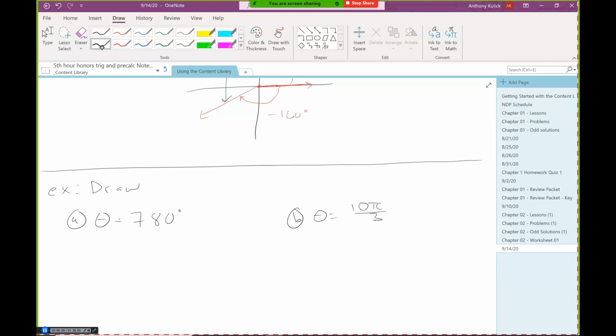If you don't have this skill, things get pretty hard and confusing if we're not able to draw these pictures. So taking a minute or two here to practice is not a bad thing.